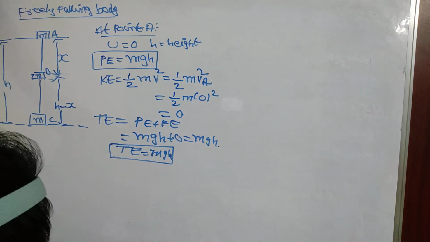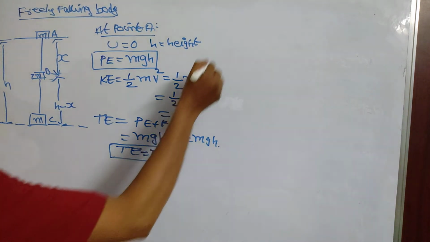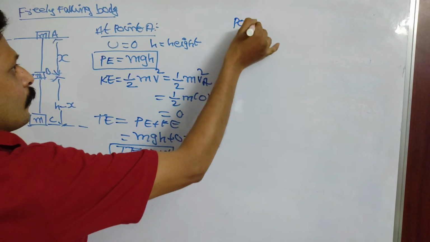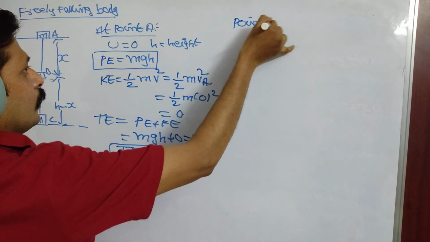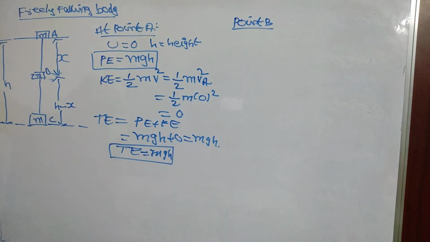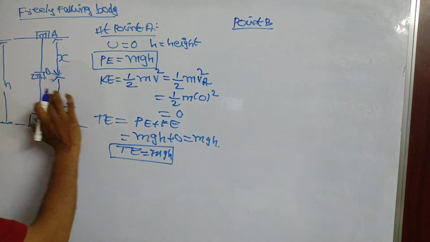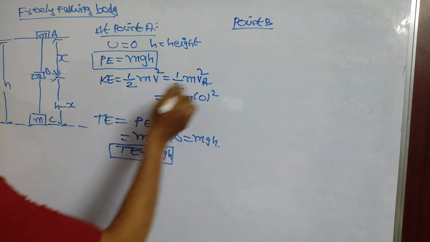Okay, now go for the second case, at point B. We observe that at point B the body has traveled a distance x. The height above the ground of point B is how much? h minus x.